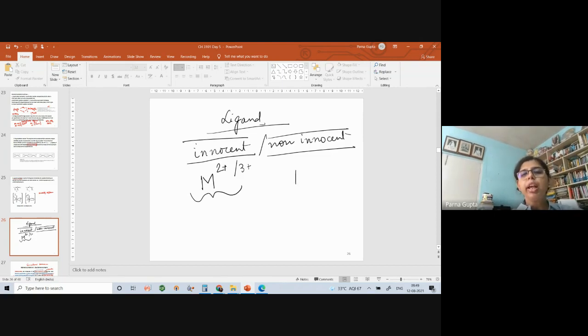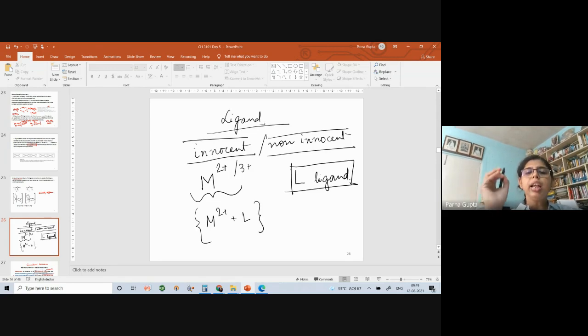You have a ligand L. When you are forming the complex, let's say M2+ plus L, the ligand is coming to the complex as a neutral ligand. It's not coming as a negative ligand.